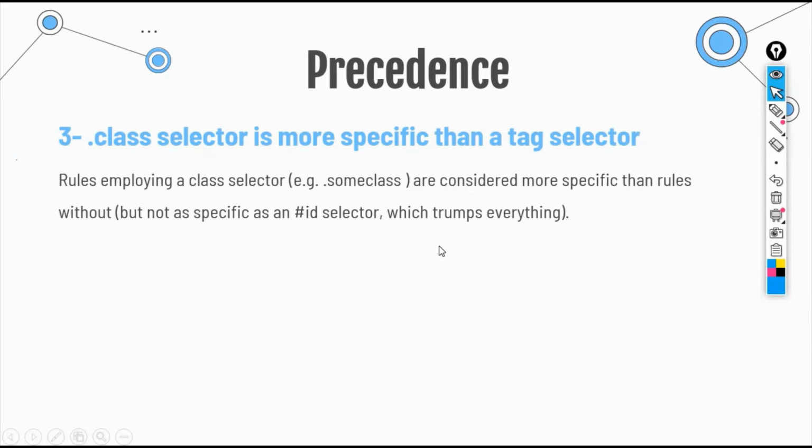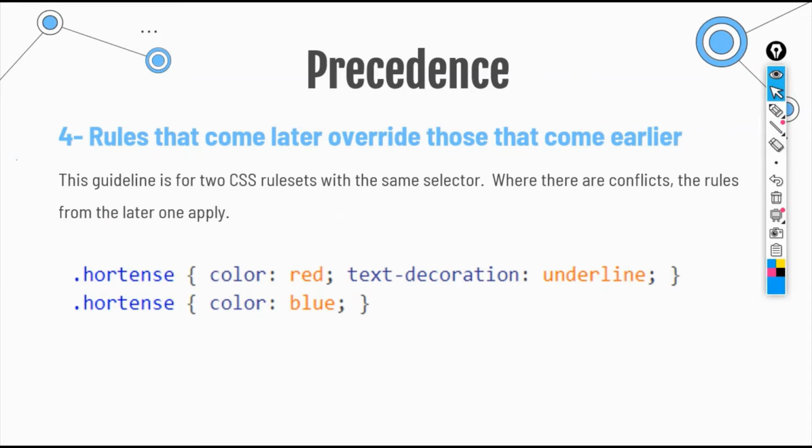Third, the class selector is more specific than a tag selector. Rules employing a class selector are considered more specific than rules without, but not as specific as an ID selector, which trumps everything.